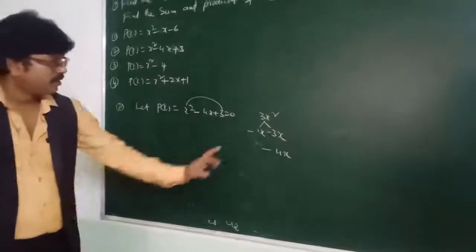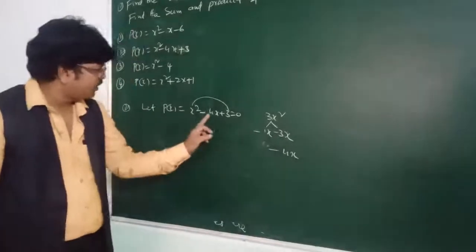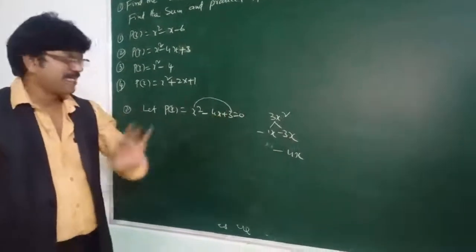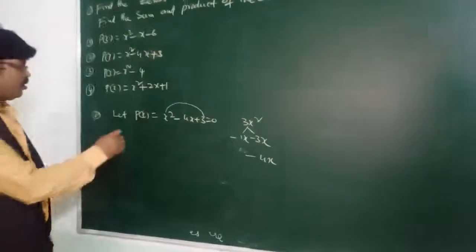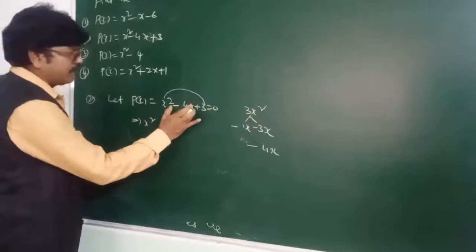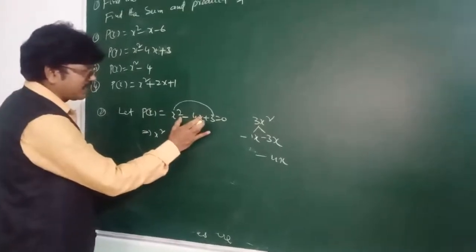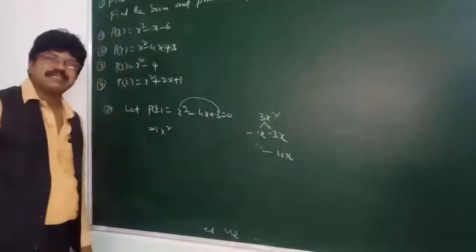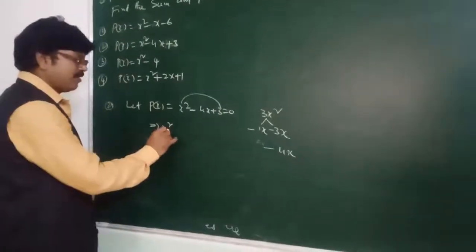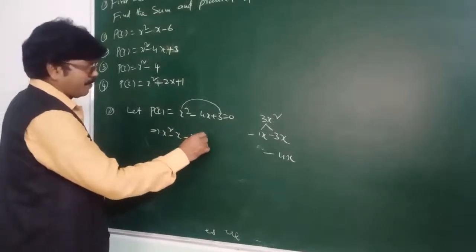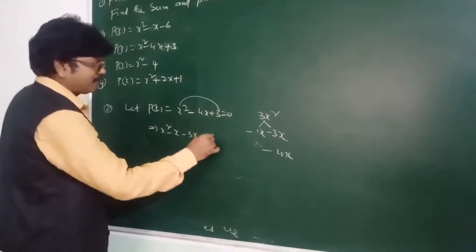Multiplying minus into minus gives plus 3x square. So that implies x square, and in place of minus 4x we substitute these two terms. It's most important. Minus x minus 3x plus 3.